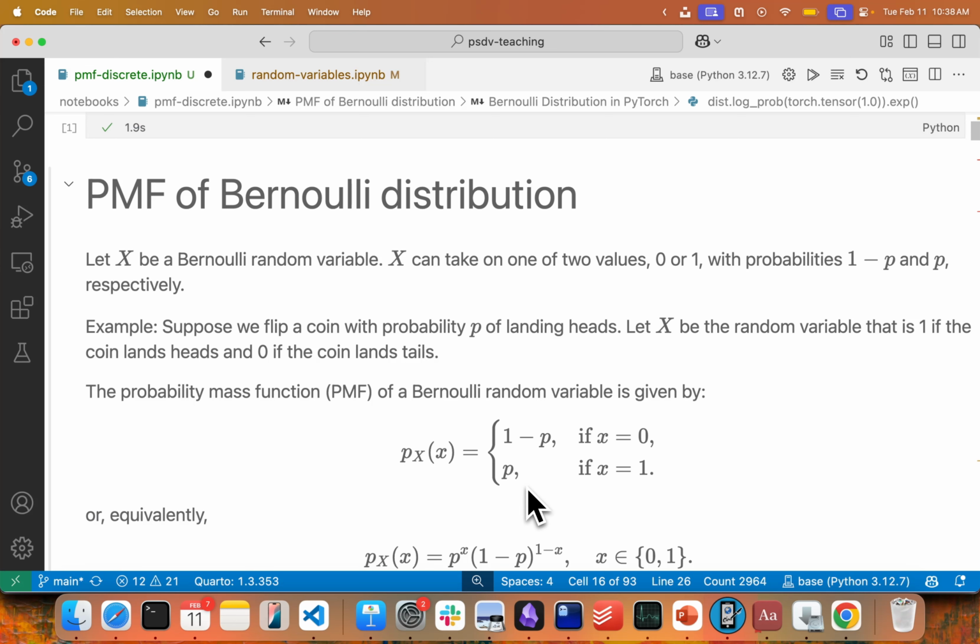That value is p, which is 0.9. Now, they don't directly give you this PMF. They give you the logarithm of it, and then you can take the exponentiation of that. We'll again study why they don't directly give the PMF, but rather give the logarithm of that, which we then have to exponentiate.